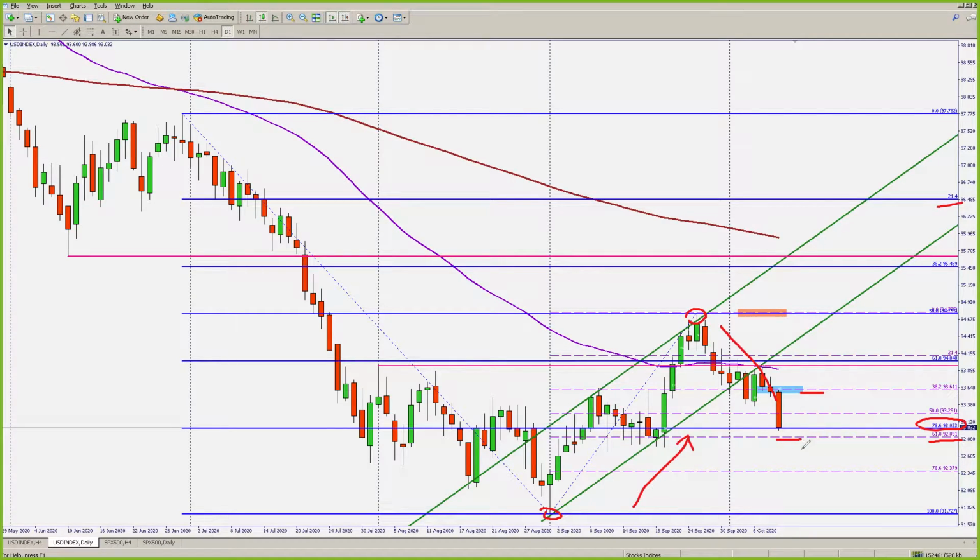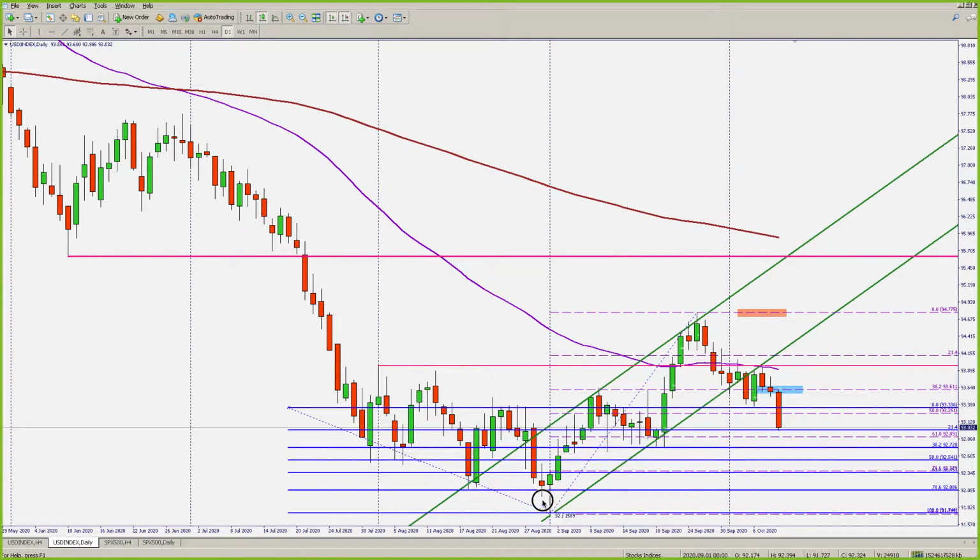It looks like it's going to surpass that and possibly target the 78.6 fib retracement level of this swing move. So there could be renewed weakness there.